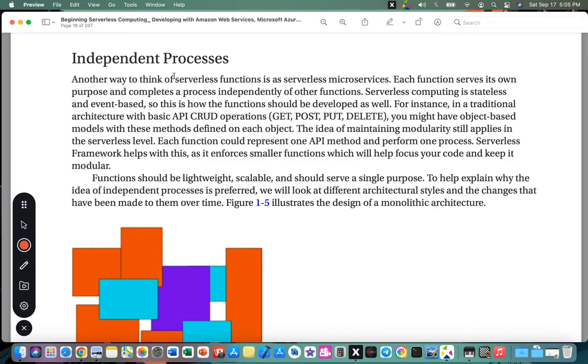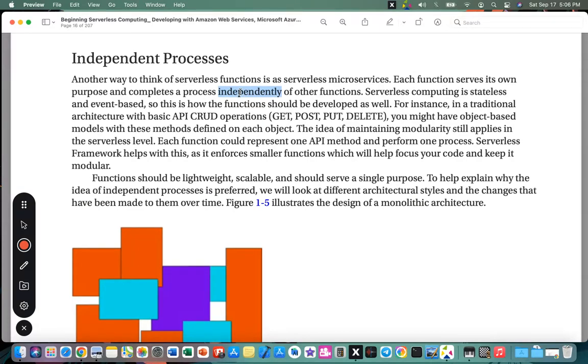It's another way to think of serverless computing. Another way to think of serverless functions is as serverless microservices. Each function serves its own purpose and completes its process independently of other functions.